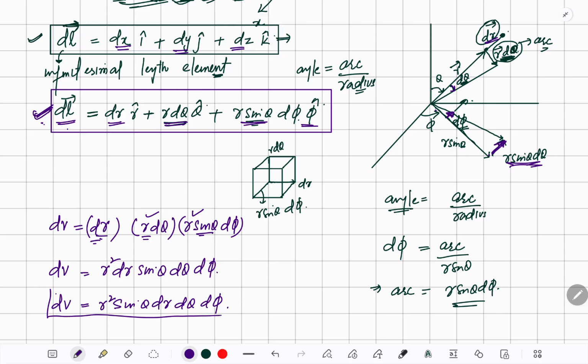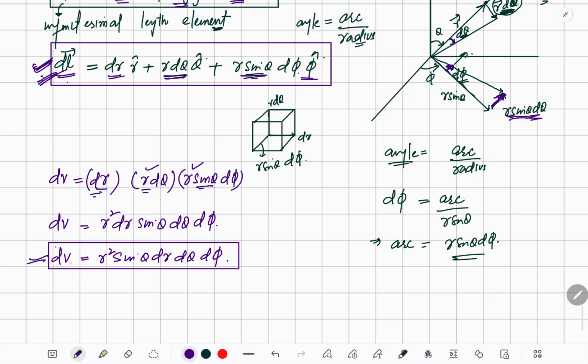This is the volume element in the case of the spherical polar coordinate system. I hope you understand the concept of the infinitesimal length element in spherical polar coordinate system, because everything will emerge from this dl. You saw that we wrote the volume from the dl.